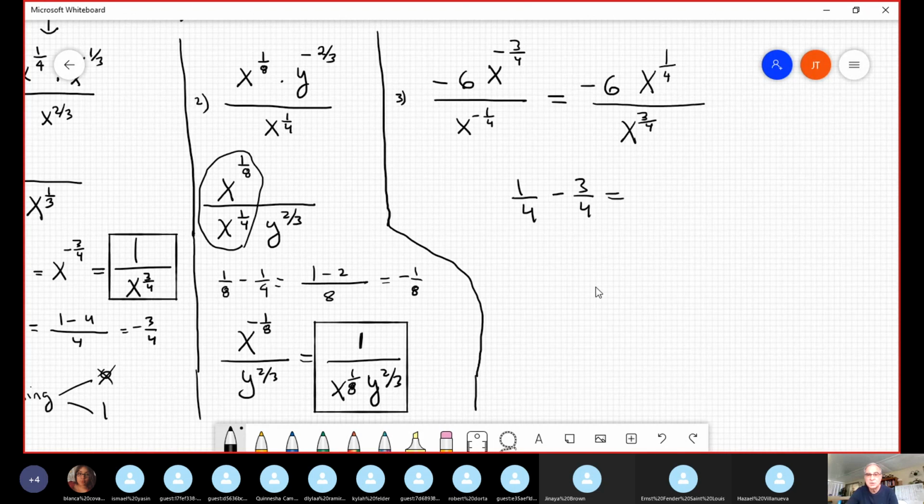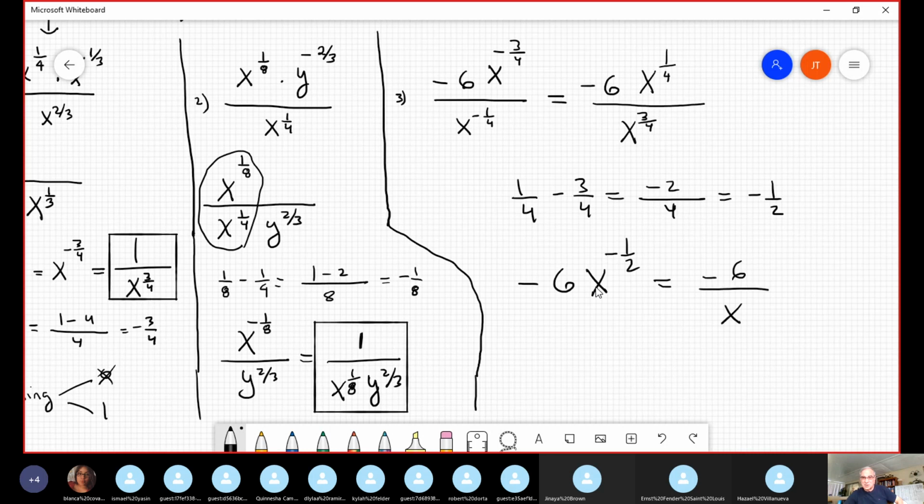Oh, easy. LCD is 4. Bueno, 1 minus 3 is negative 2. Es negative 1/2. And so far we have -6. Este coefficient does not participate in the game. This is to confuse you with -6. X to the negative 1/2. And I'll leave it like that? No. It's -6 over x to the positive 1/2. Any question? Okay.